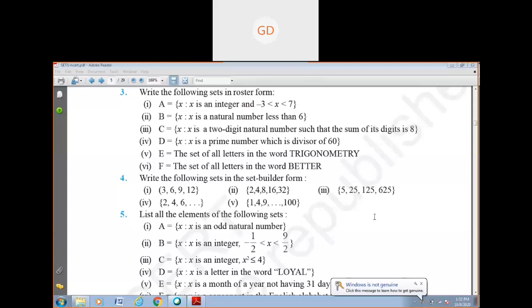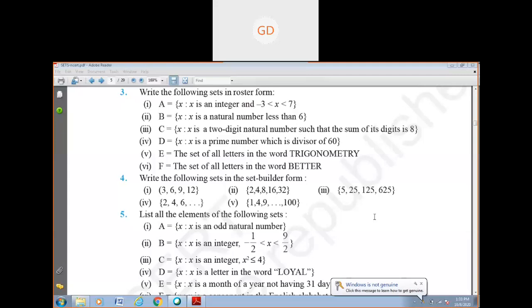So x must be an integer, greater than minus 0.5 and less than 4.5. The limit will be up to 4, and the lower limit is minus 0.5, so the immediate integer greater than that is 0. So ultimately the integers are 0, 1, 2, 3, 4.